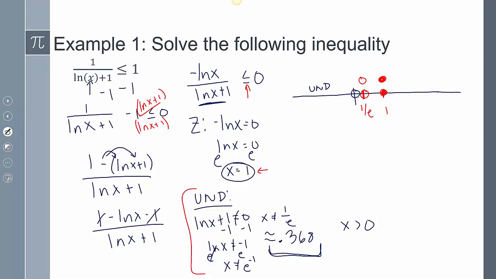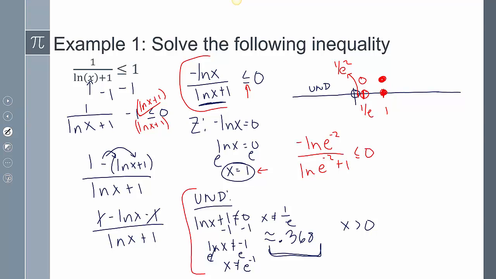So what is a value that's here? Right? What's a value that's going to be there? Well, what if I try 1 over e squared? Let's enter that into the calculator. And so 1 over e squared, that's 0.35. So I can use that. So plugging in 1 over e squared into this problem here, I get negative ln of e to the negative 2 over ln of e to the negative 2 plus 1.